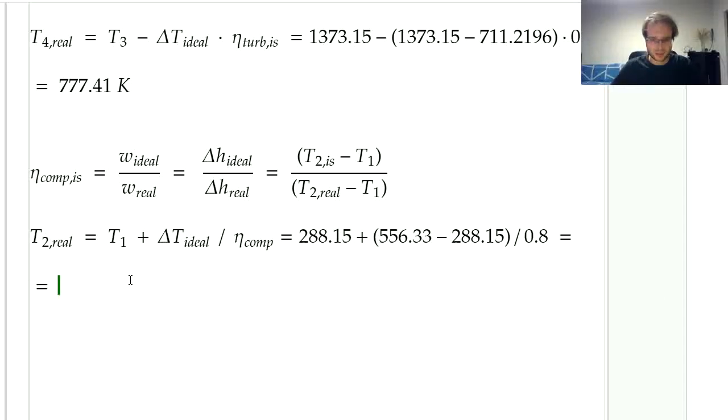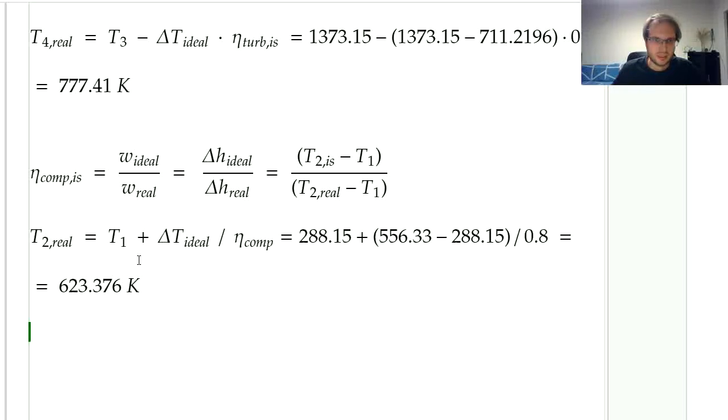And after the calculation, we will get the temperature after the compressor to be 623.376 Kelvins.